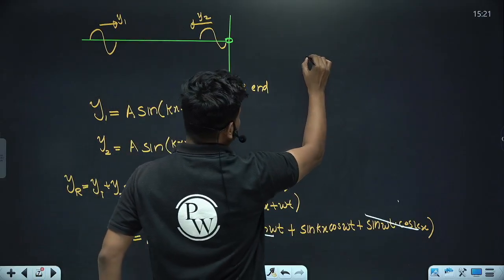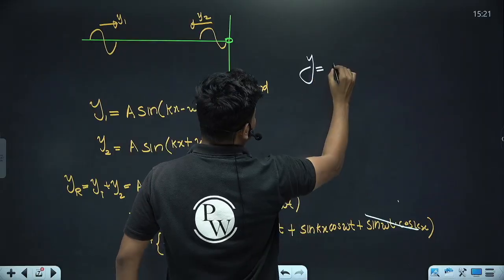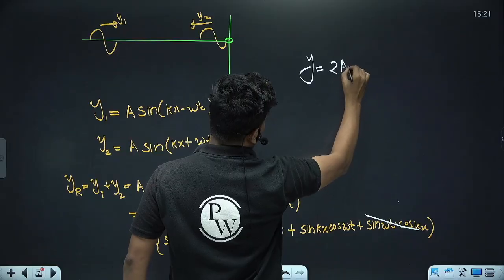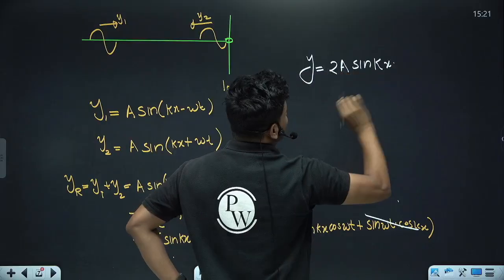So what is the resultant equation? y is equal to 2a sin kx into cos omega t.